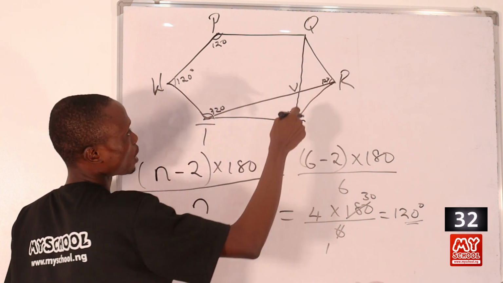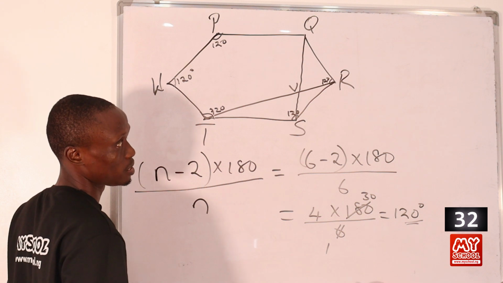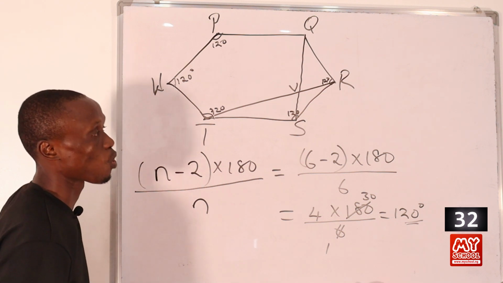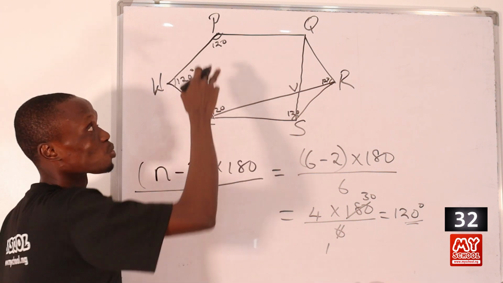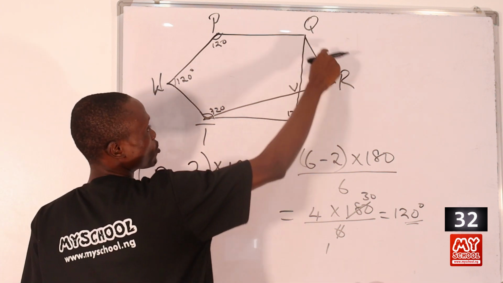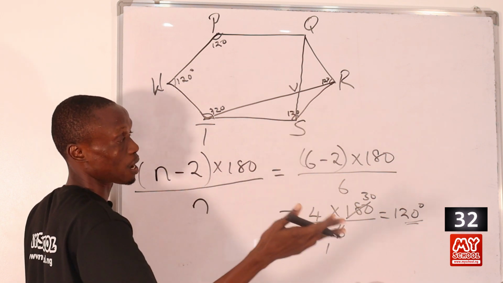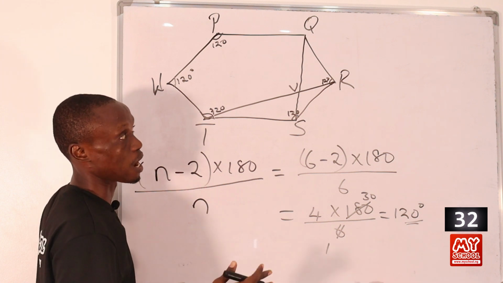Now, if you look at triangle QRS, you discover that it is an isosceles triangle. This polygon is a regular polygon, meaning the lengths of all the sides are equal. So if this side equals that side, that describes an isosceles triangle, because two sides of an isosceles triangle are equal.